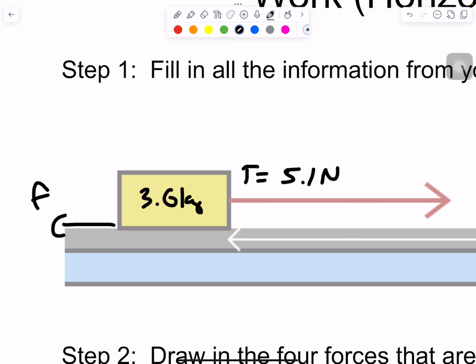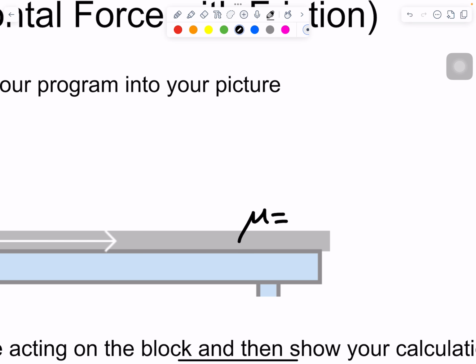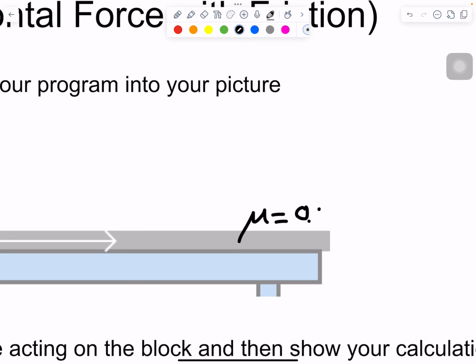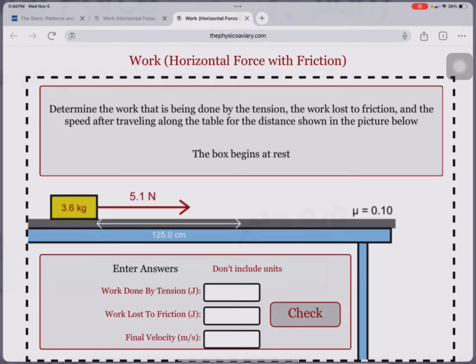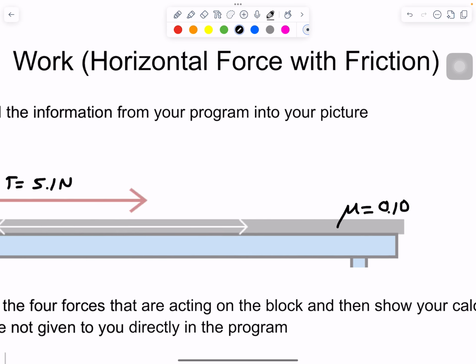There's friction going back this way, which I'll have to calculate. Mu in the problem is 0.1. The distance traveled is 125 centimeters.